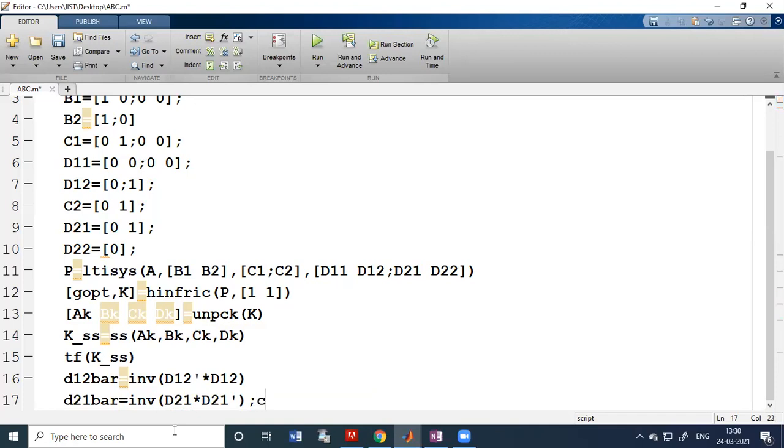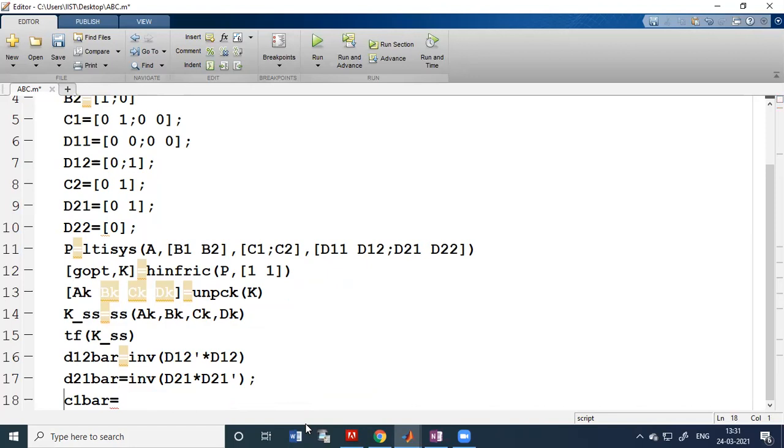What is C1 bar? Tell me, read out C1 bar for me. Suraj, what is C1 bar? In the algorithm we have written, what was that?